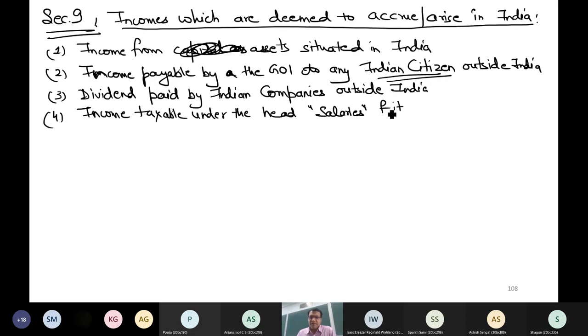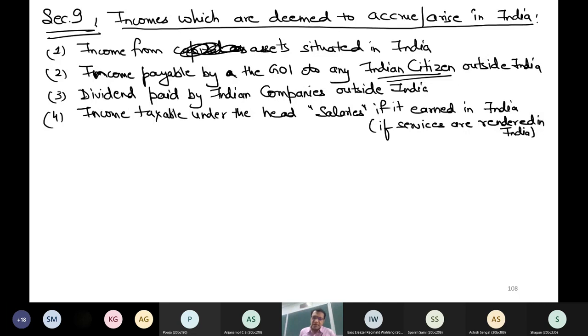If the salary is earned in India. What do you mean by earned in India? I can say that if services are rendered in India. If my services to my employer are rendered in India, I will say that the salary is earned in India.